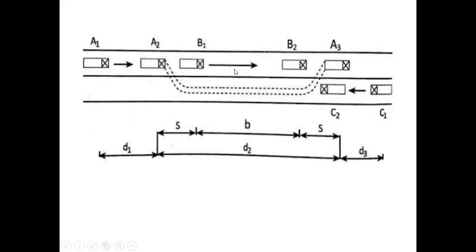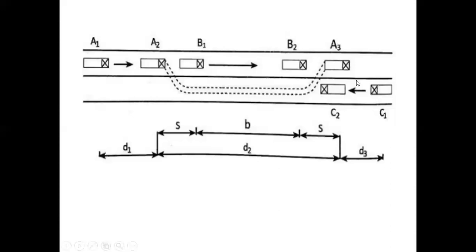Got it? Now what is B? B is a slow moving vehicle, having its own speed, small v suffix B. What about C? C has a design speed, that is, C is not at all bothered by any of this operation. The driver of vehicle C is coming at its own design speed.